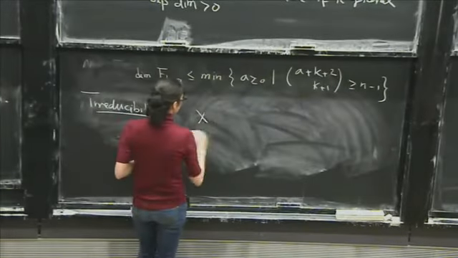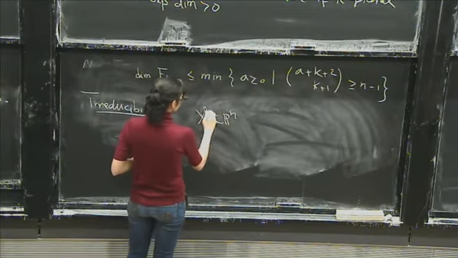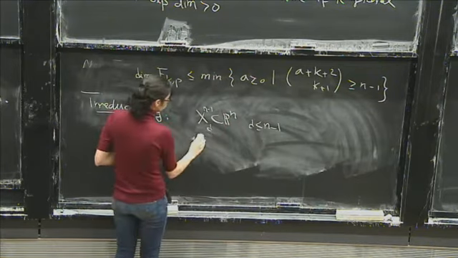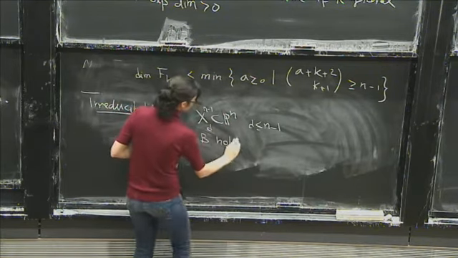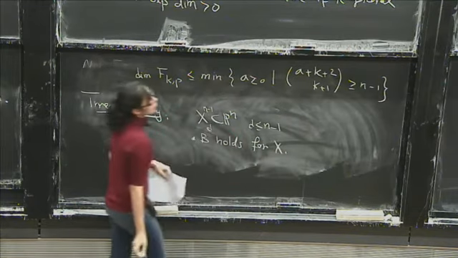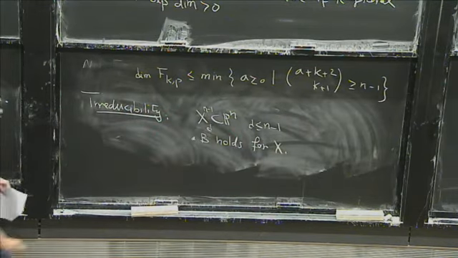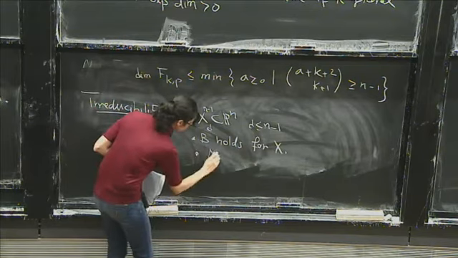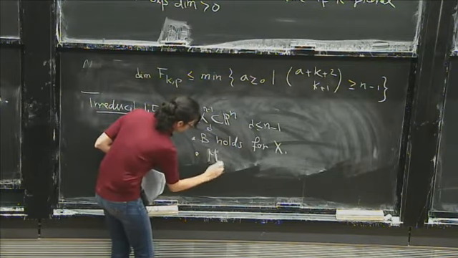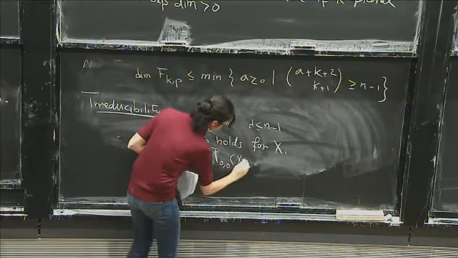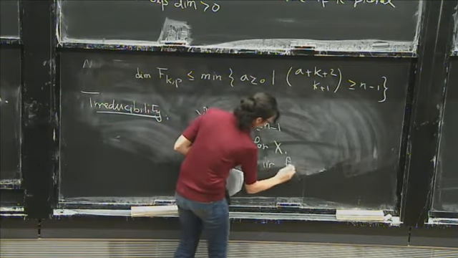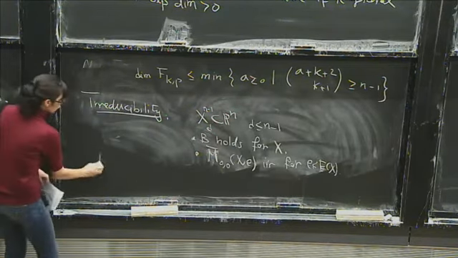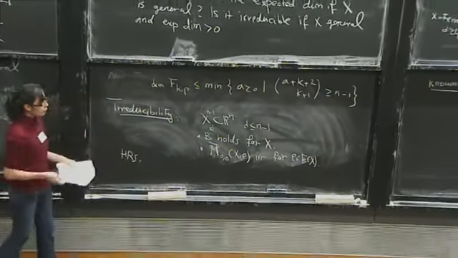If I look at any hypersurface X in Pn of degree less than or equal to n minus 1, and assume that conjecture B holds for X, so that all the evaluation maps are flat, and also assume that we have the irreducibility of the space of stable maps for the first few values of e, then Harris, Roth, and Starr show that one can conclude that all of these spaces are irreducible.